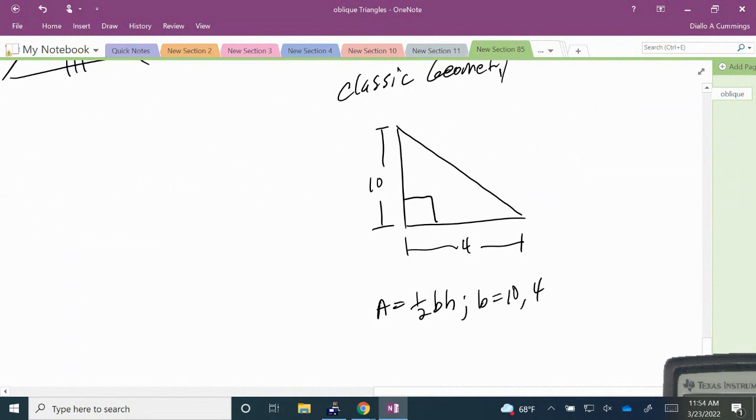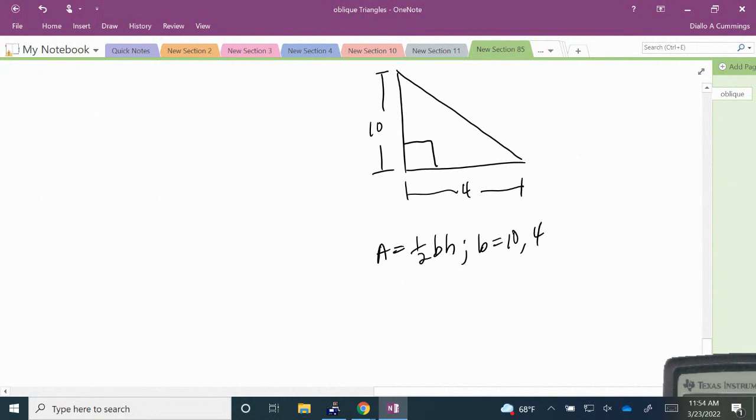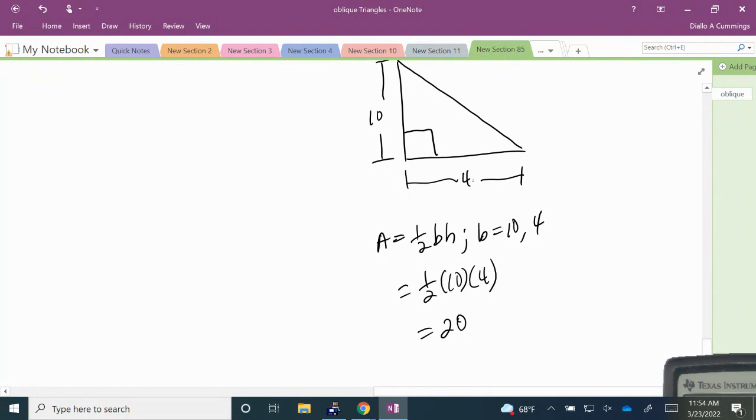So if we were to plug this in, we have 1/2 of 10 times 4, which would be 20. And since we have area, that would be square inches, right?